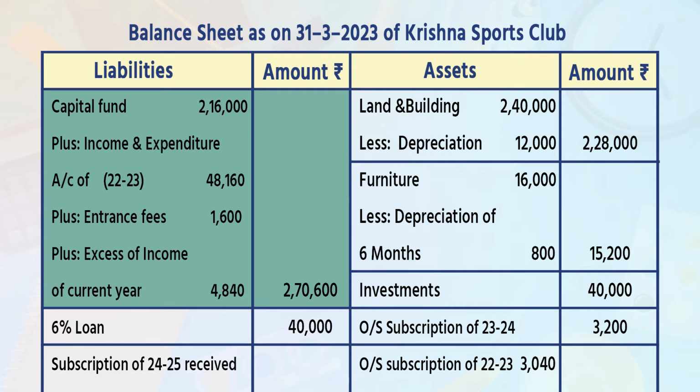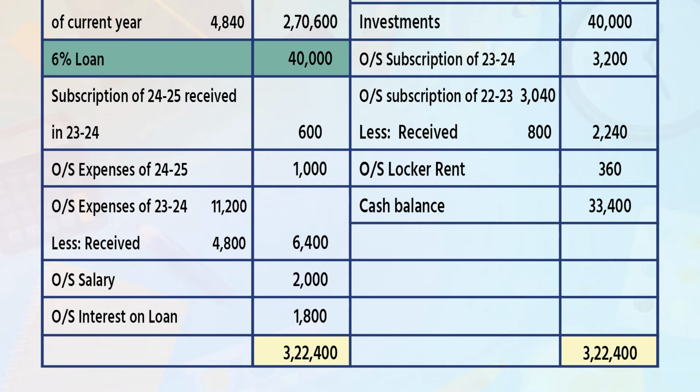and the total of all of the above is 2,70,600. Next, we will see loan, that is 6% loan, which is already mentioned in the question, 40,000. Subscription of 24-25 received in 23-24 is 600. Outstanding expense of 24-25 rupees 1,000. Outstanding expense of 23-24, that is 11,200.